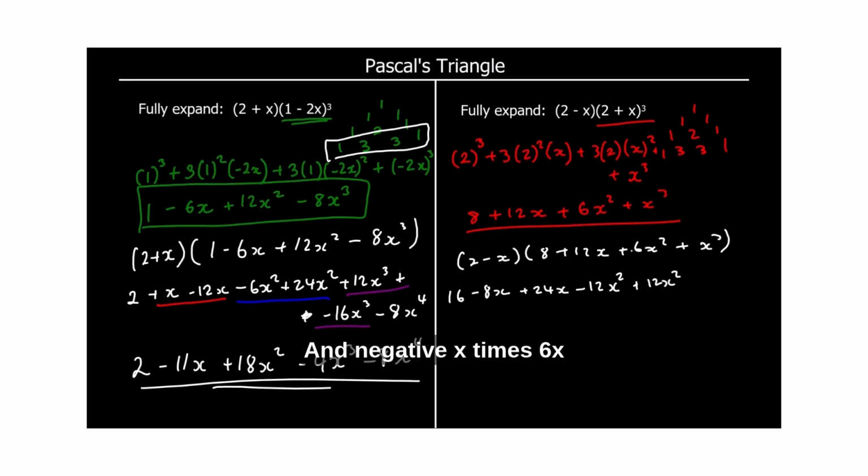And negative x times 6x squared will be negative 6x cubed. 2 times x cubed is 2x cubed. And negative x times x cubed is negative x to the power of 4.